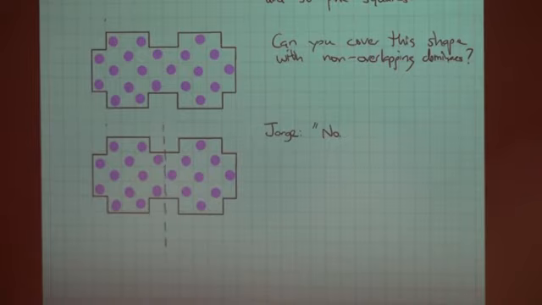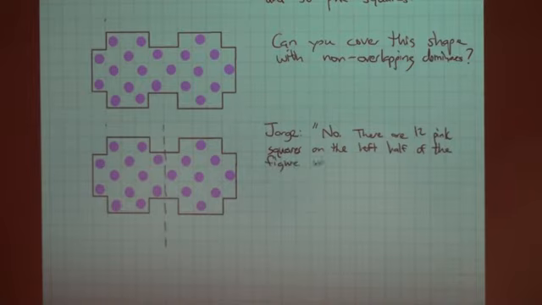Okay, so shortening a little bit what Jorge said, if you divide the figure down the middle, there are 12 pink squares on the left half of the figure, with only 11 white squares adjacent to them.